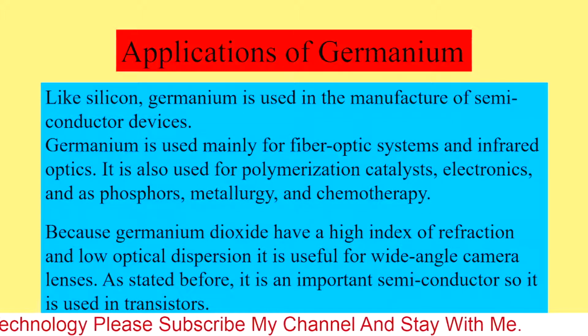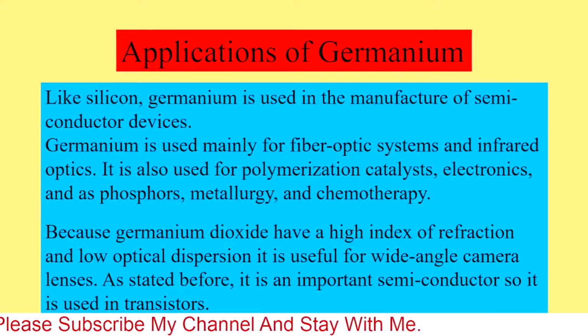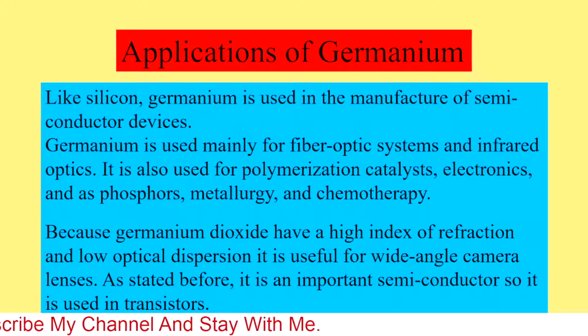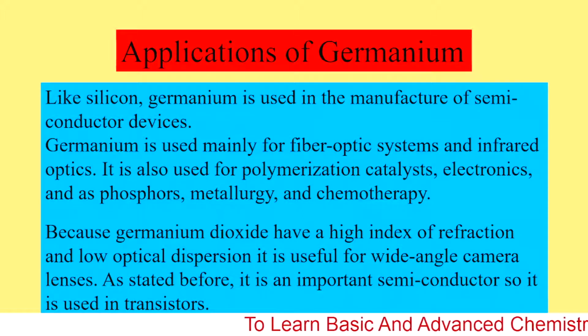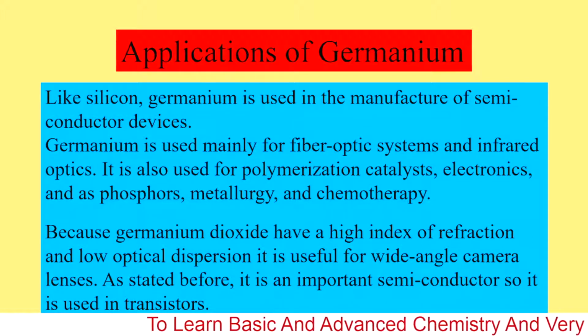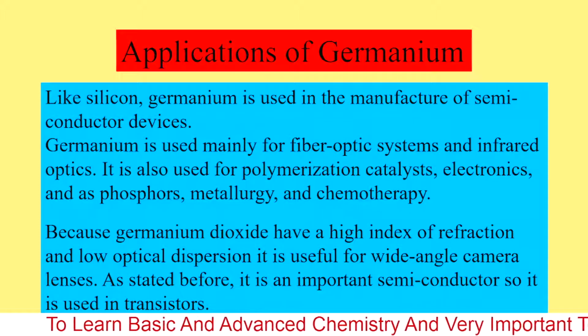Because germanium dioxide has a high index of refraction and low optical dispersion, it is useful for wide angle cameras. So if you have a camera lens, sometimes it may be 18 to 135. This is the normal focal length of the lens.